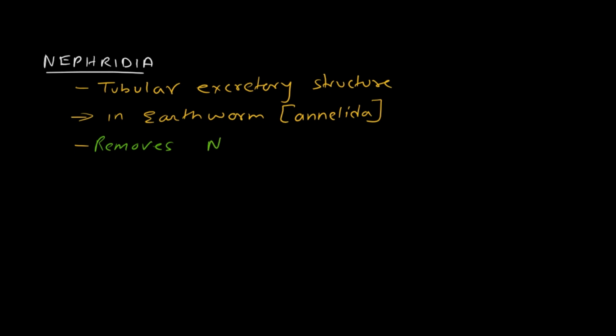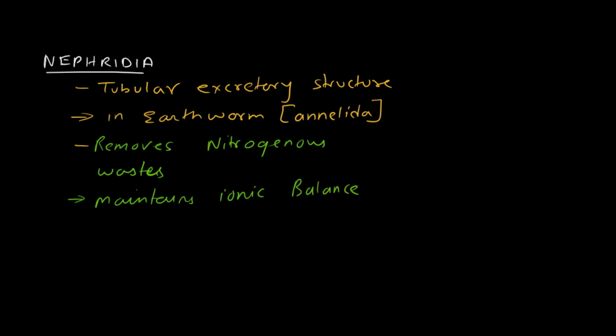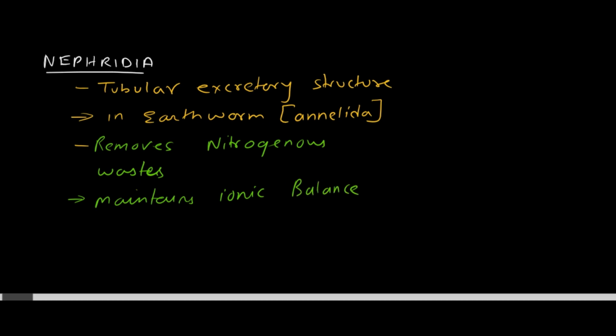Nephridia are numerous and they are associated with different organs. Mainly they are present in the skin or dermal region of the organism and are involved in the removal of nitrogenous waste. They also help in maintaining the ionic balance.